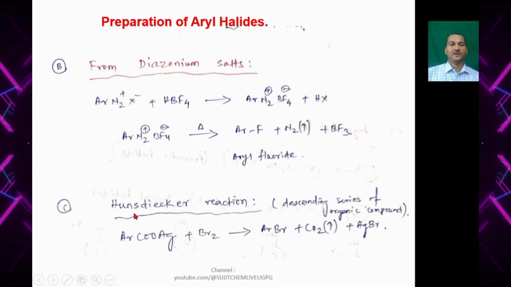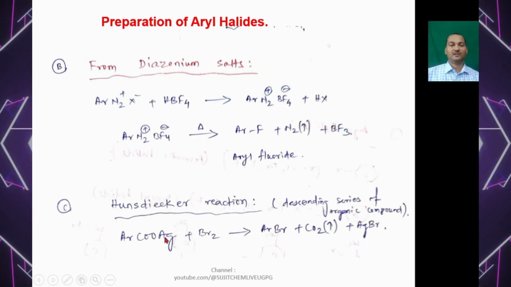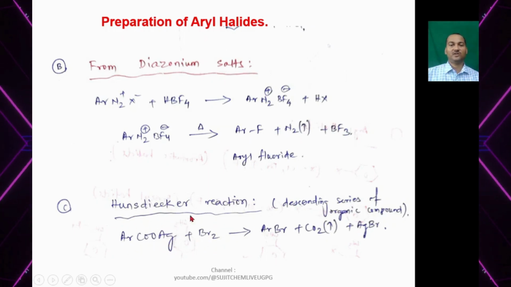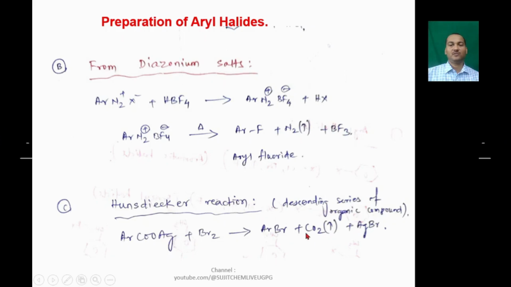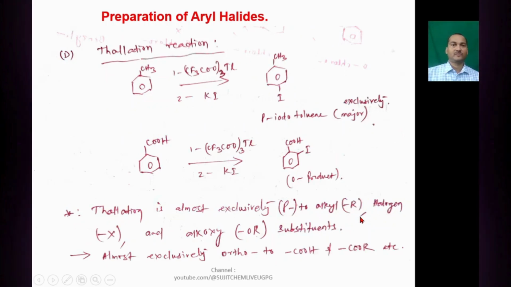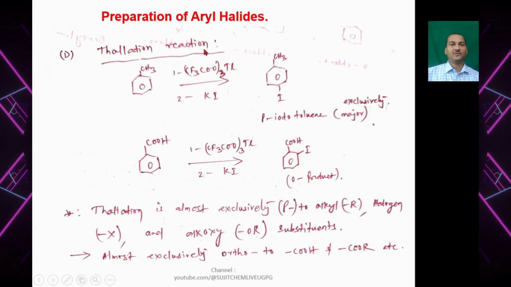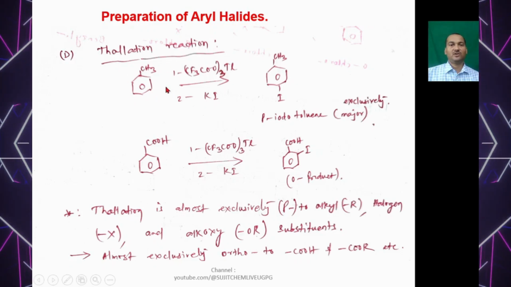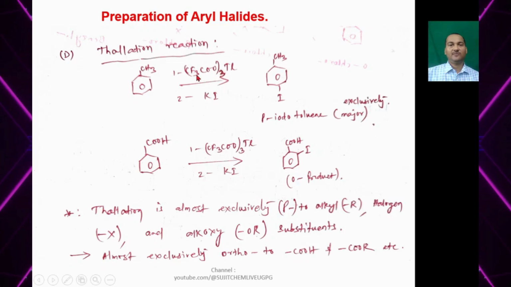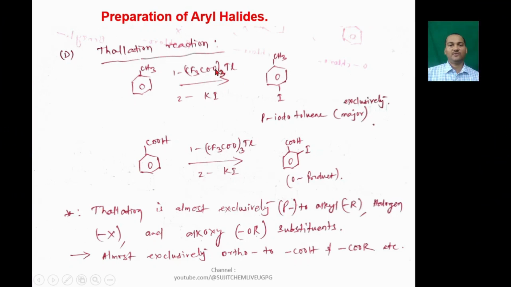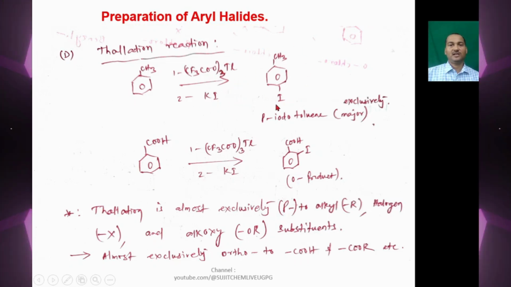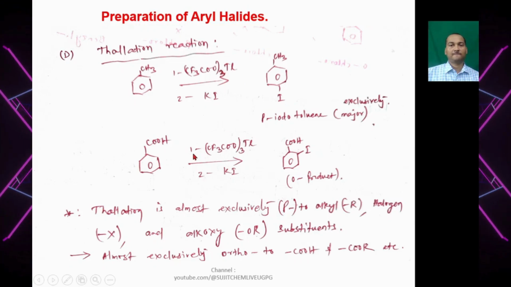Next we can prepare from Hunsdiecker reaction. Silver salt of aromatic carboxylic acid can react with bromine giving rise to ArBr plus carbon dioxide plus AgBr. We can also prepare from thallation reaction. Toluene can react with thallium trifluoroacetate and potassium iodide, and we can get this iodo derivative.